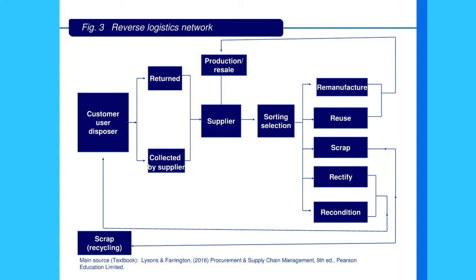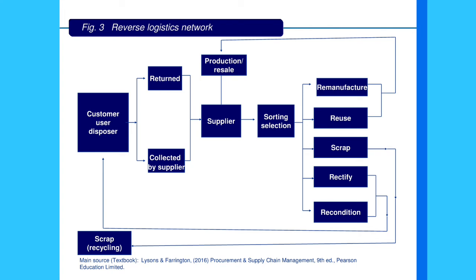And the manufacturer can use it for remanufacturing, like cars. Some parts of cars can be reused, remanufactured. They can be called scrap, which means no other value can be gained from it except converting it into the basic material again.